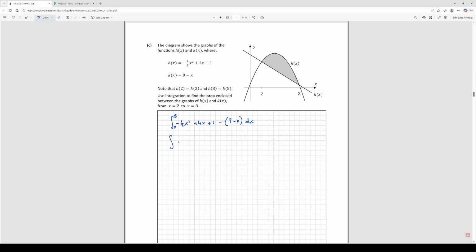I'm going to condense that first ever so slightly to minus a half x squared plus 5x minus 8 dx, which is still 8 and 2. But that's going to be now integrating it, not differentiating. That is something you guys all get wrong, so just be careful. I skipped a step. Sorry.